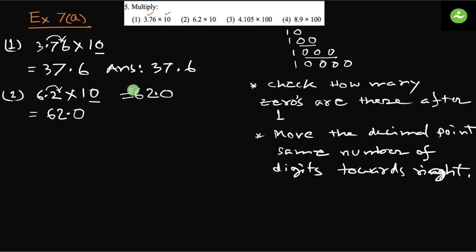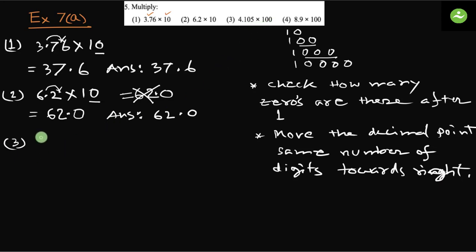So it is all the same. The previous method, you can apply any one, but this is easier. When the whole number is 10, 100 or 10,000 or like this, you just count the zeros and move the decimal point. Okay, the answer is 62.0.